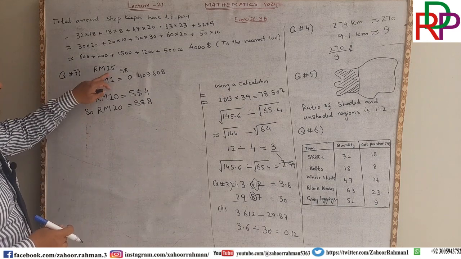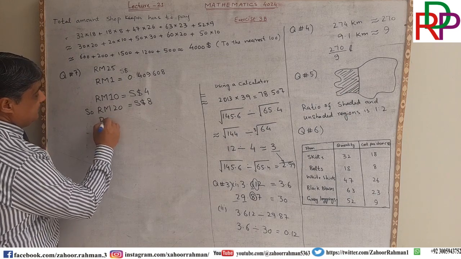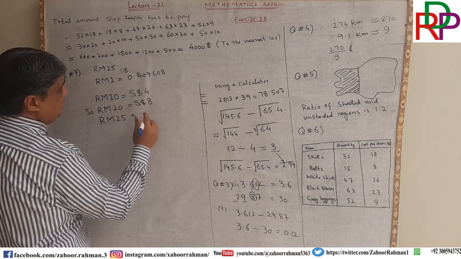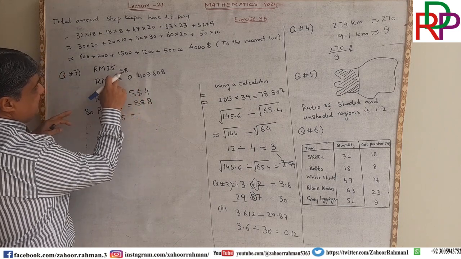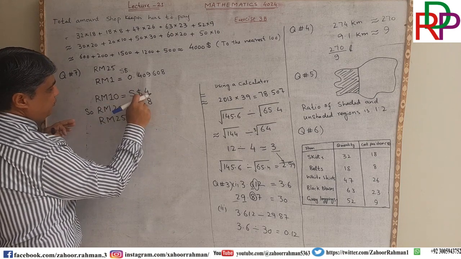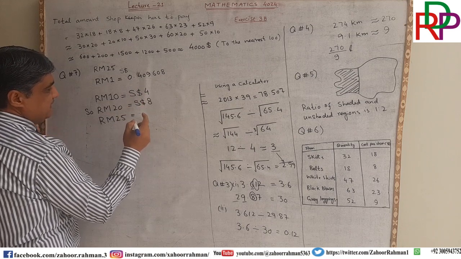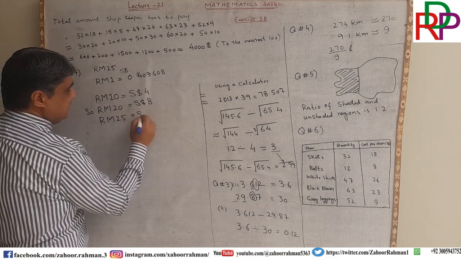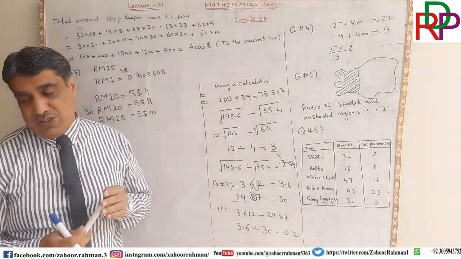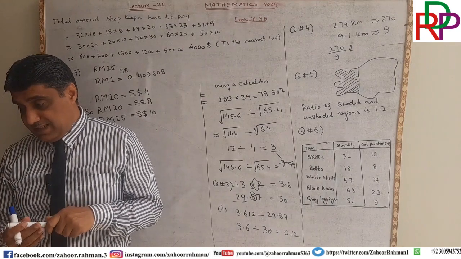Now 25, 5 is half of 10, and 10 is 4, so 4 will also be halved, so it will become 2. So Singaporean dollar 10 will be equal to that, and that is the ultimate answer.